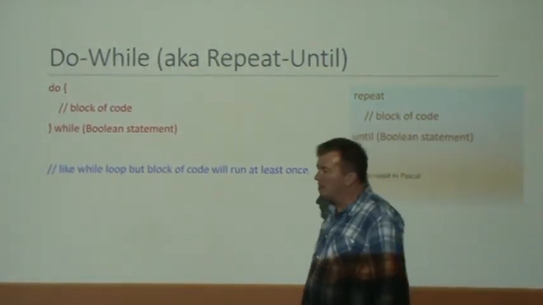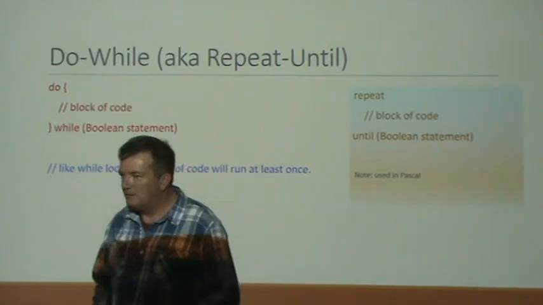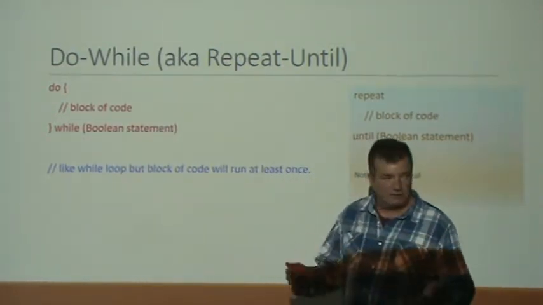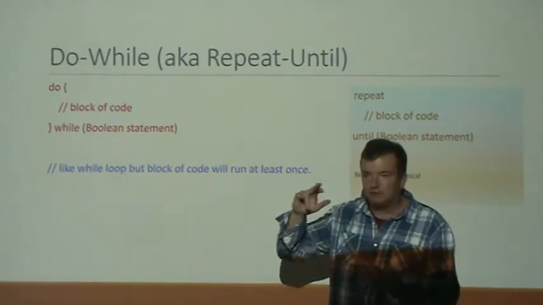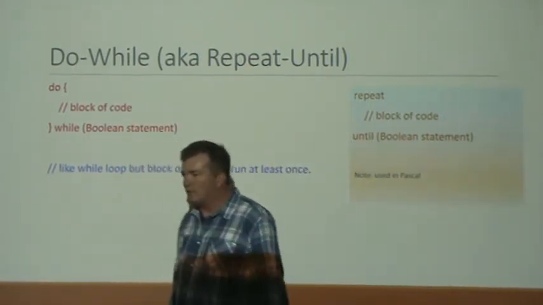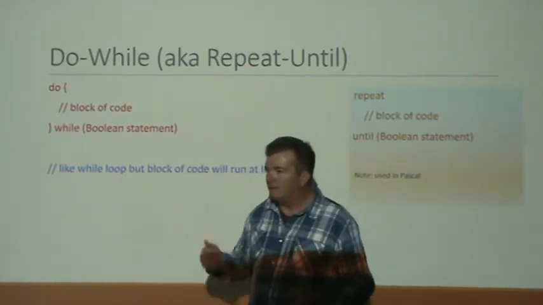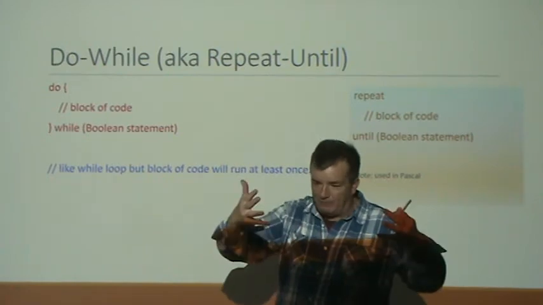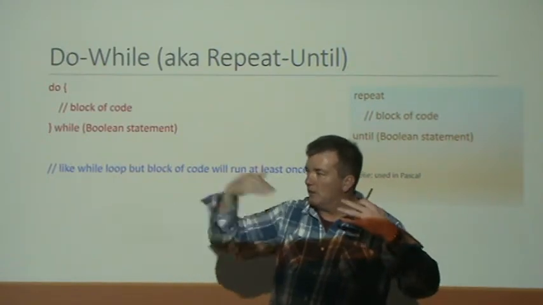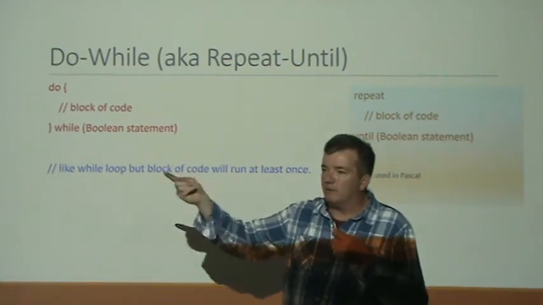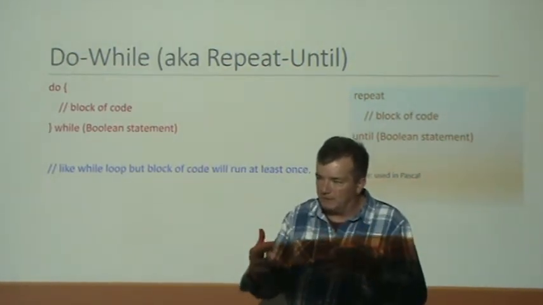So why would you ever want to do a do-while over a while loop? If you were in some kind of a situation where you wanted the code in the block to run at least one time? So you could have a situation where you're, let's say, reading data from an online service, and you open up a file, and then you go into a loop where you're reading input from a server, and you're writing it to a file.